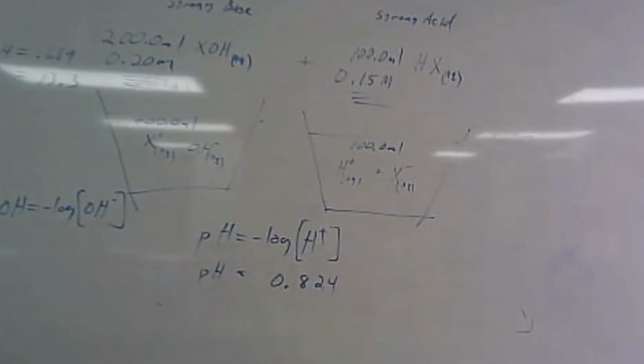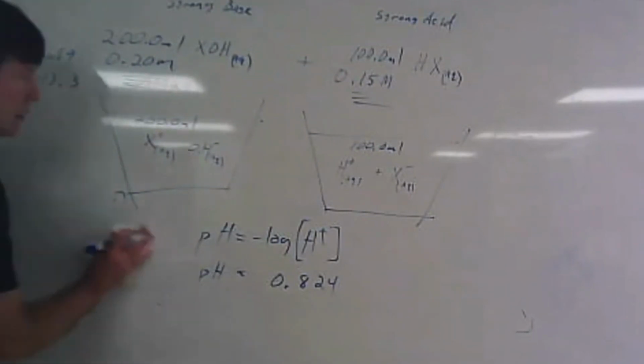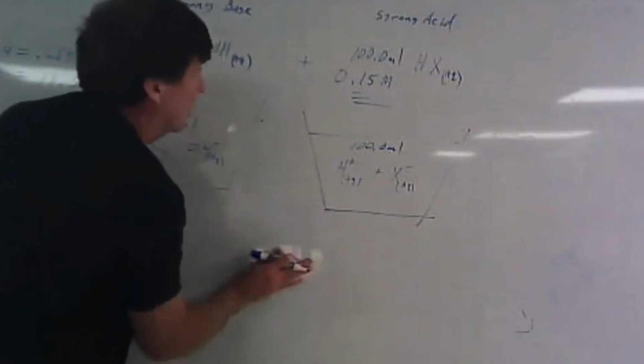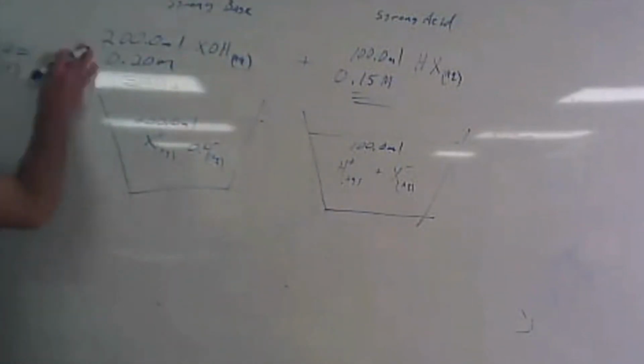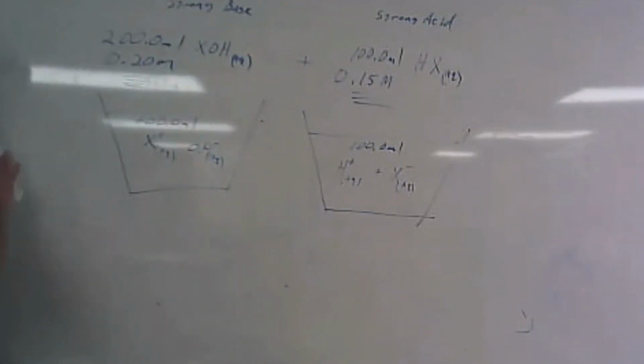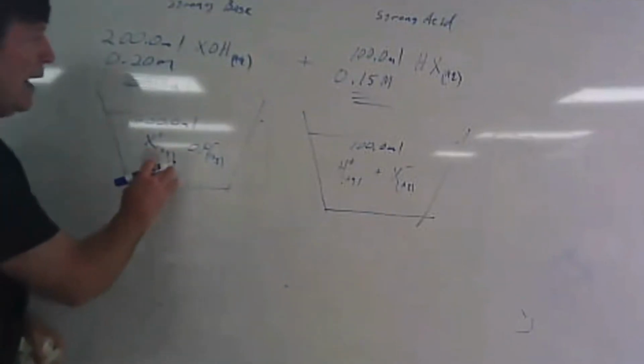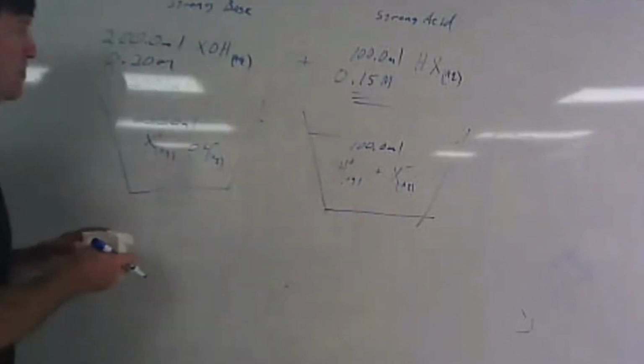Next, go ahead and write, let's combine the two solutions. Write the net ionic for this strong acid, strong base. So we're going to add this to this.